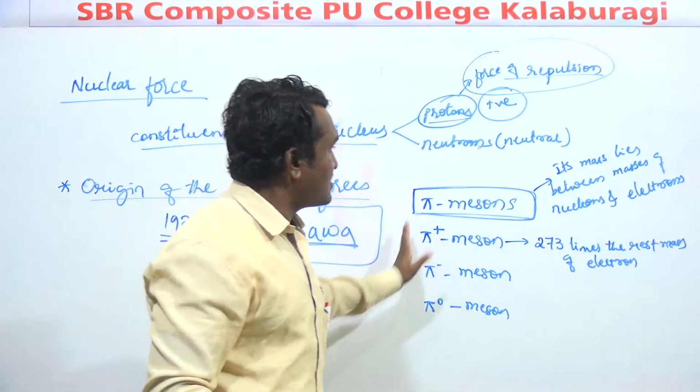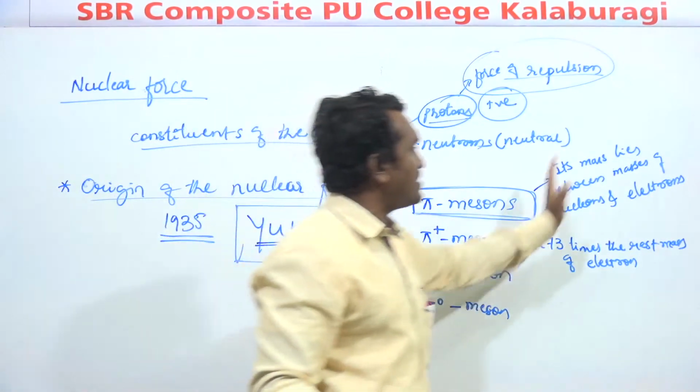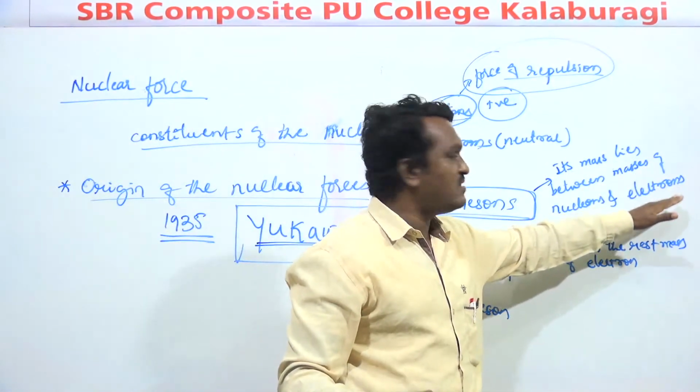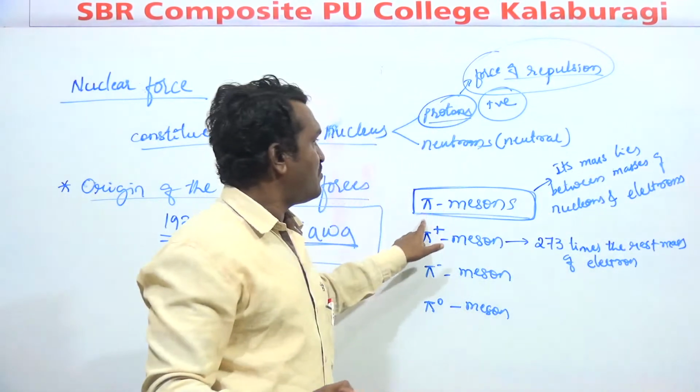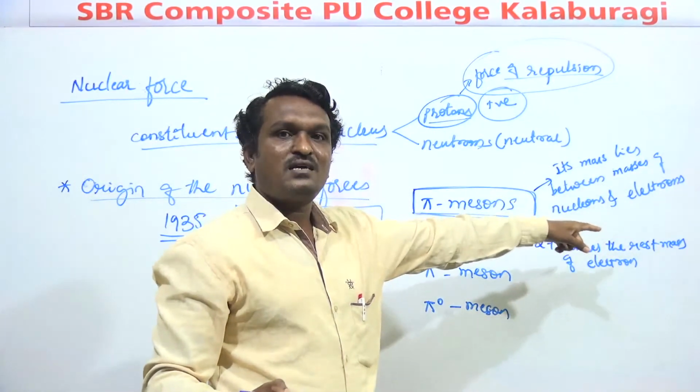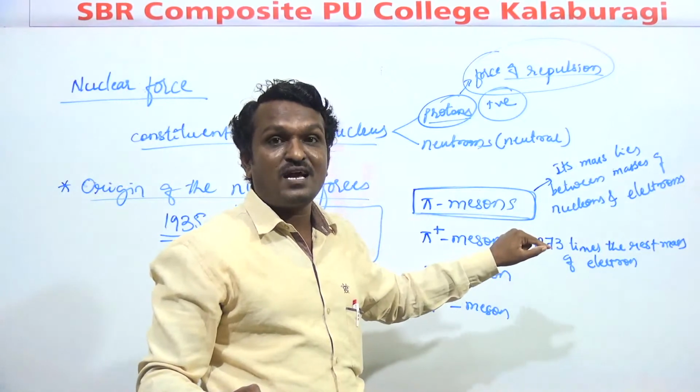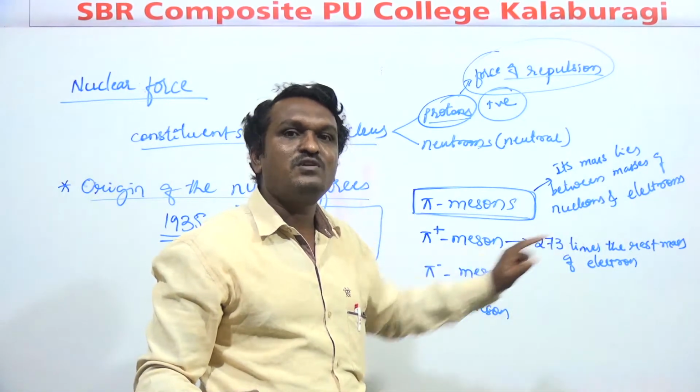This means the mass of the pi meson is greater than the mass of the electron, and it is less than the mass of the nucleons.